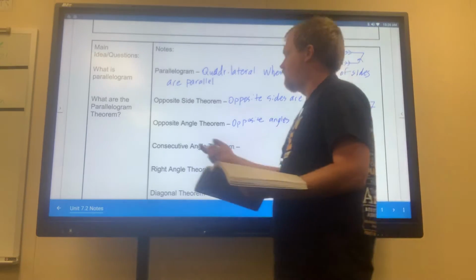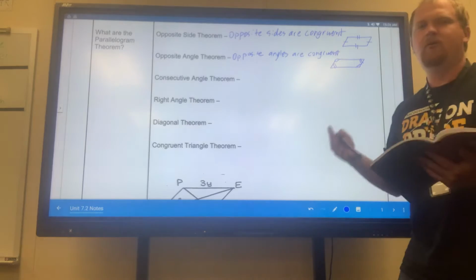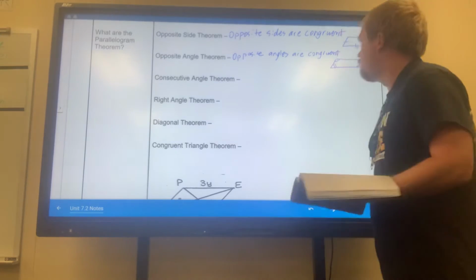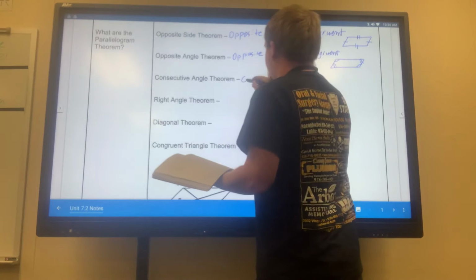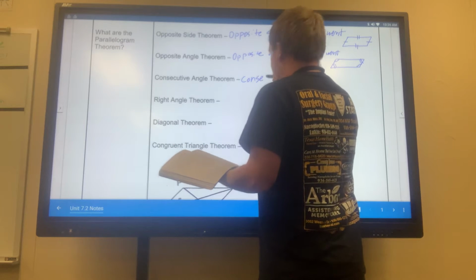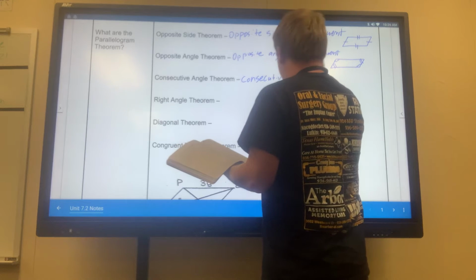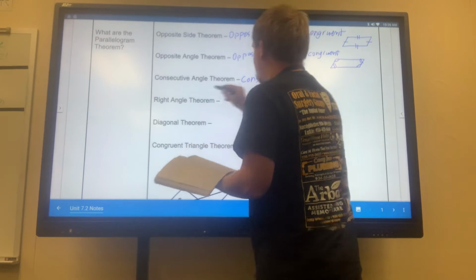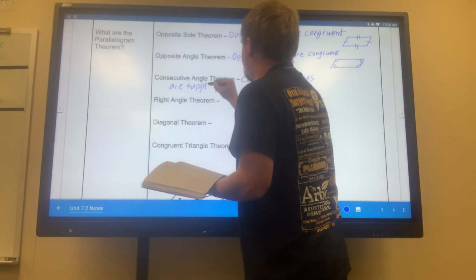Now, consecutive angle theorem. So what do we mean by consecutive? Well, we mean back to back, all right? Now, let me state what the theorem says. Consecutive angles are supplementary.